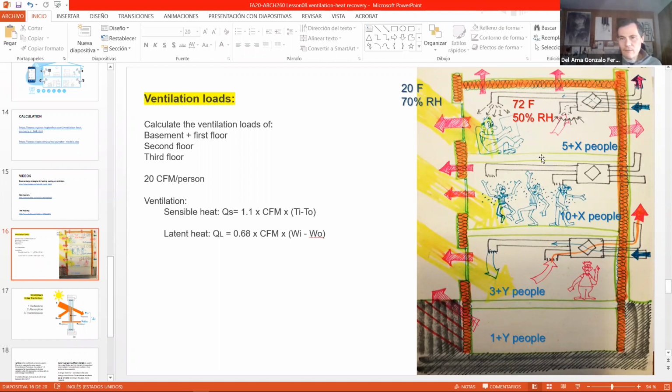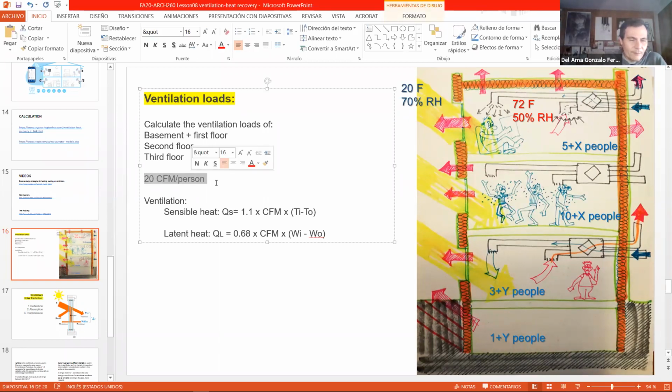So imagine that we have 3 different spaces: the 3rd floor, the 2nd floor, and the basement, and the 1st floor is the same space. The ventilation rate, let's say that it's 20 CFM per person. This ventilation rate ranges from 15 to 20, except when we are working with a gym or a covered swimming pool.